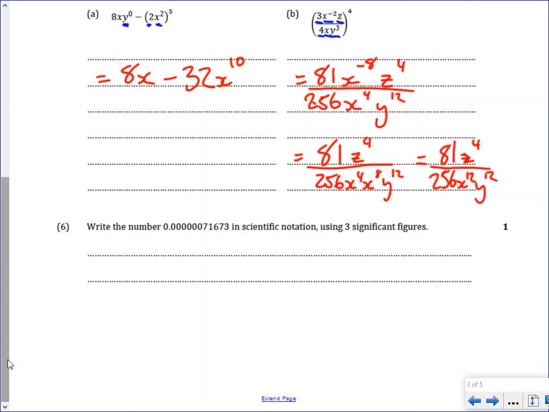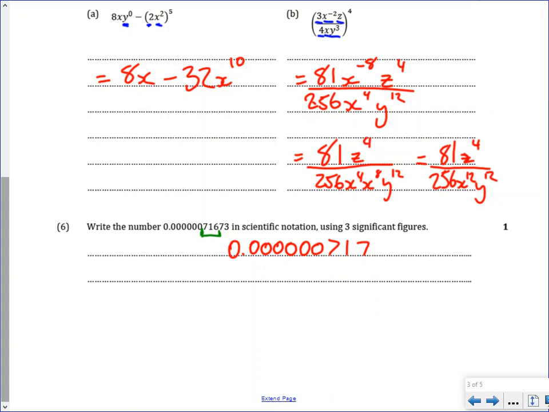To do that, we find the first non-zero number, so that's the 7, and we move across 1, 2, 3, so after the 6, and then afterwards is a 7, so that means we're going to round it up. So we have 0.000000717 now.